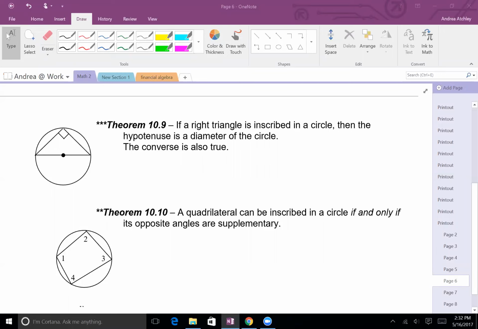Okay, if a triangle is inscribed in a circle, then the hypotenuse is the diameter of the circle. And the converse is also true.